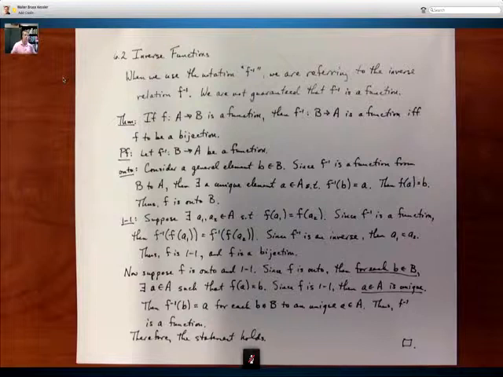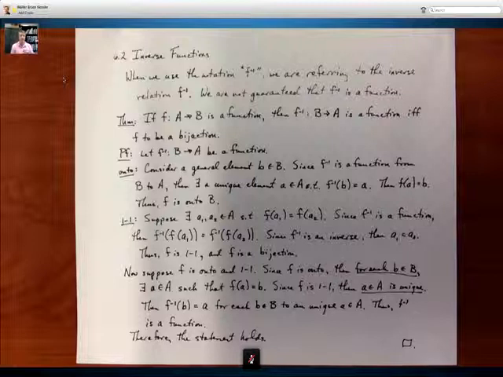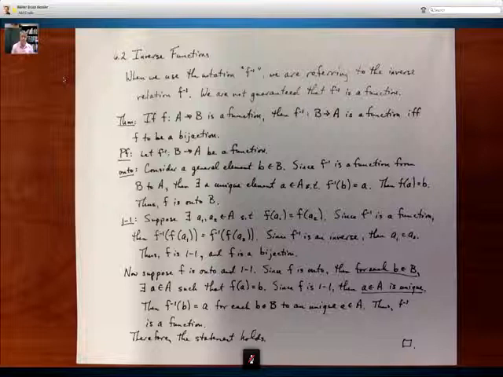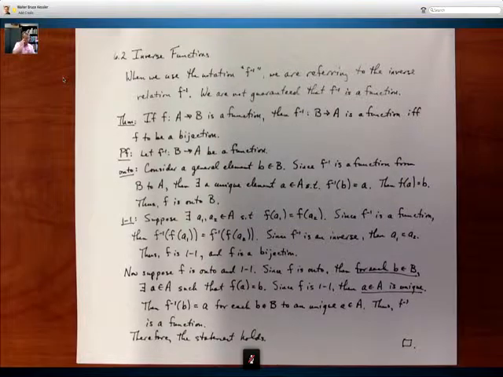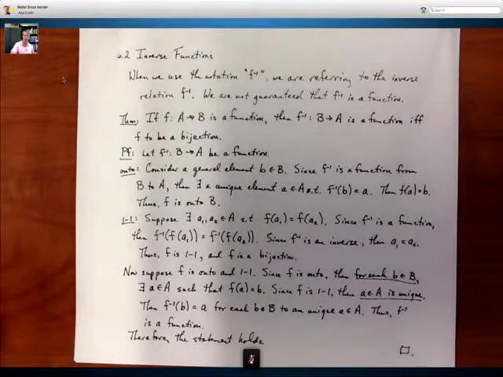All right, so that's the requirement: in order for us to talk about F inverse and have it be a function, we have to be talking about a one-to-one and onto function F. Okay? And if that happens, we'll say that F is invertible, that we can then find an inverse function for it.